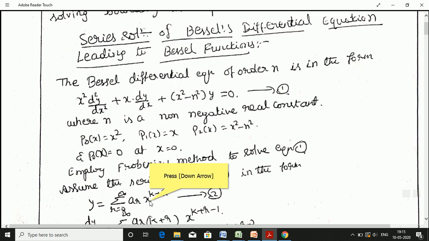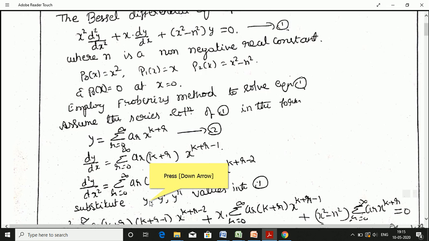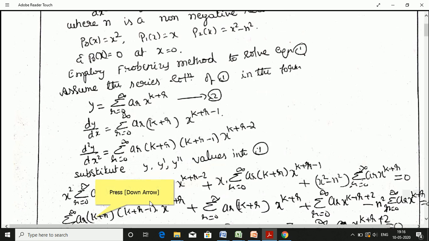Assume the series solution of the Bessel differential equation in the form y equal to sigma r equal to 0 to infinity a r x to the power of k plus r. Call it equation 2.